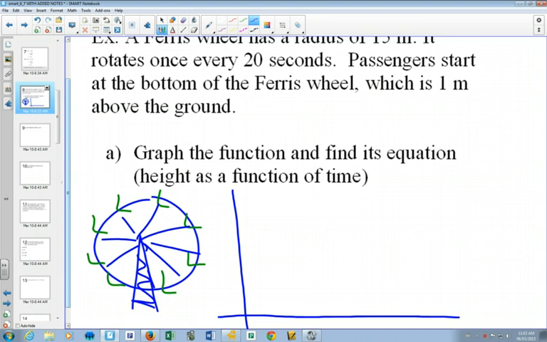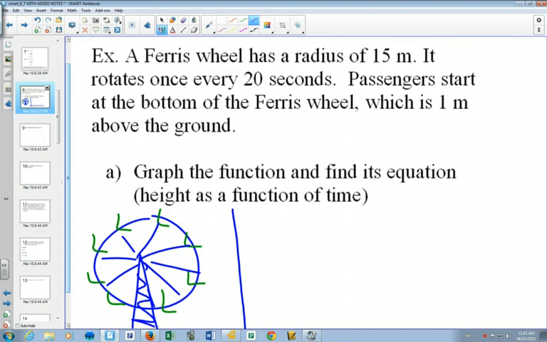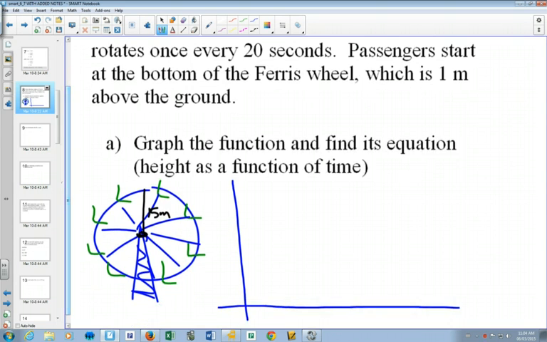So it tells us that our Ferris wheel has a radius of 15 meters. That means from the center to the top will be 15 meters. It rotates once every 20 seconds, so it's not as fast as our 2-second one the other day. We start at the bottom, which is 1 meter above the ground. So this distance here is 1 meter.